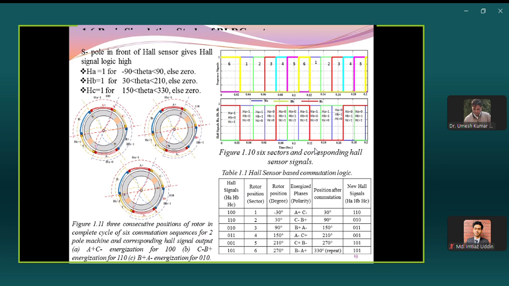This Hall sensor chip is placed in the stator below the C phase winding. So its range will be 150 degrees starting from the phase A axis. So from the phase A axis, we measure 150. Here HC will start, and its range will be 330.